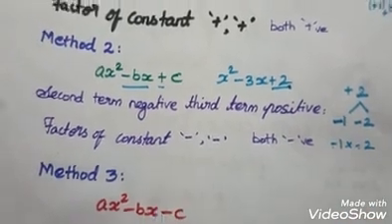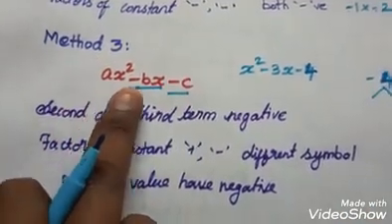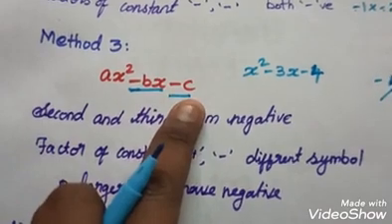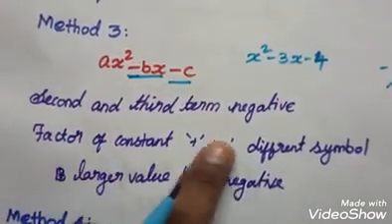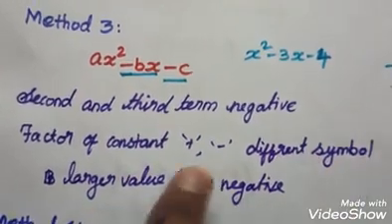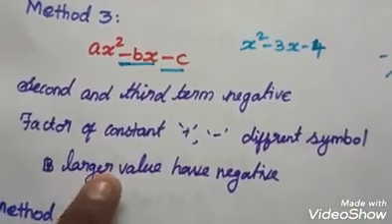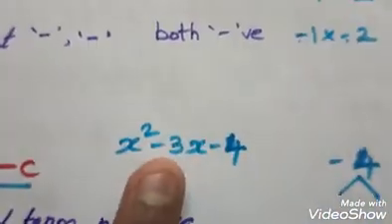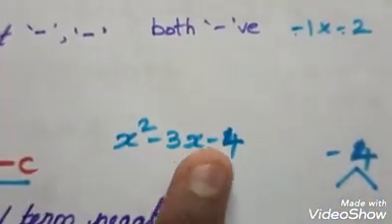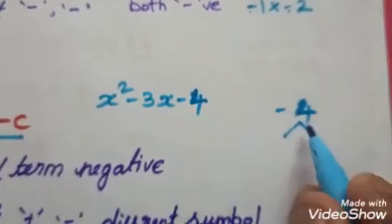Now I see method 3. Here ax square minus bx minus c, so the second and third terms are negative. The first condition is that the factors have different symbols. Different symbols means we take the larger value as negative. Because of that I take this example: x square minus 3x minus 4. So minus 4, what are the factors?